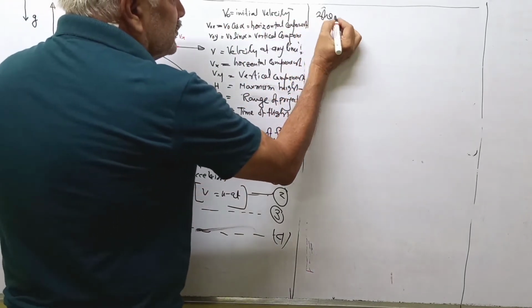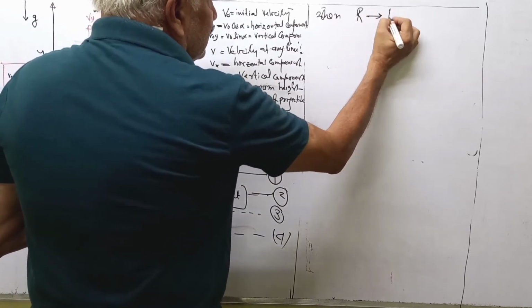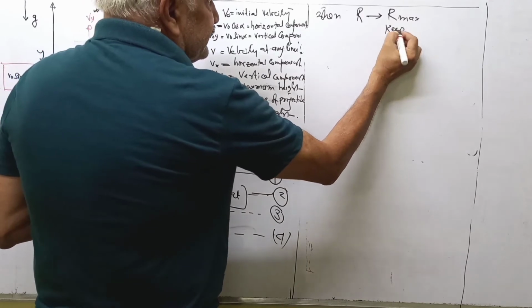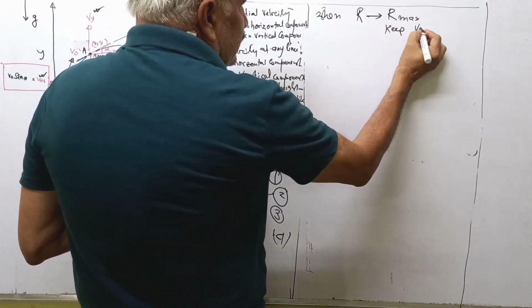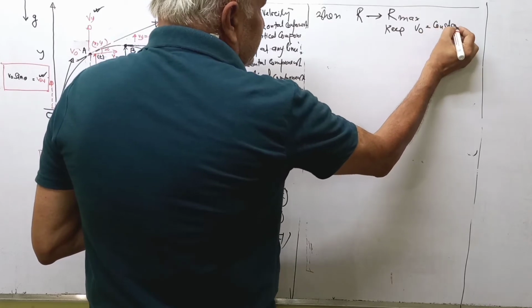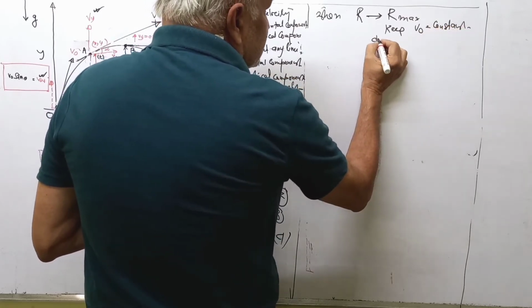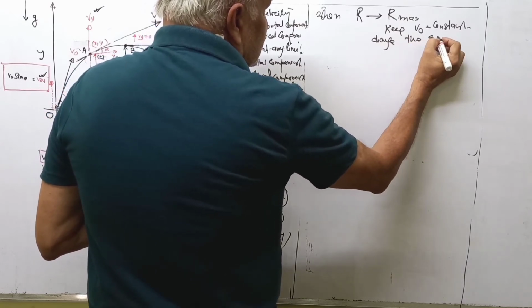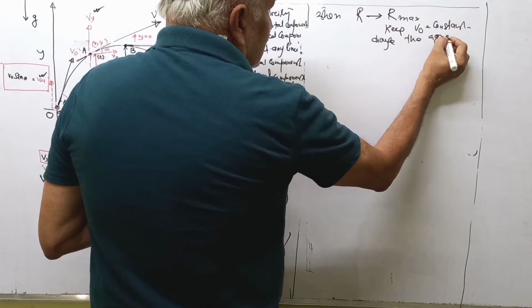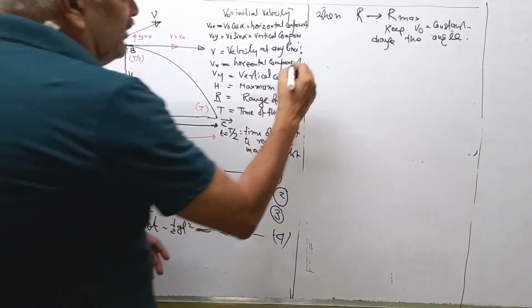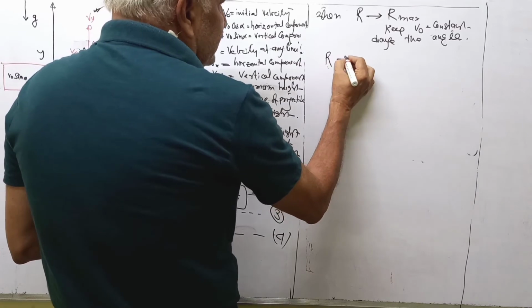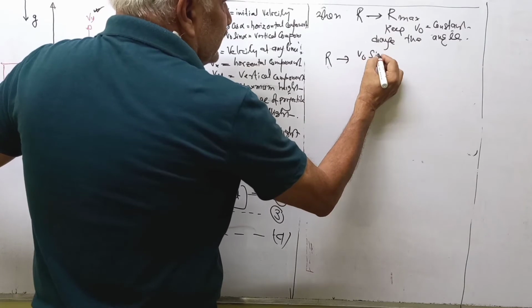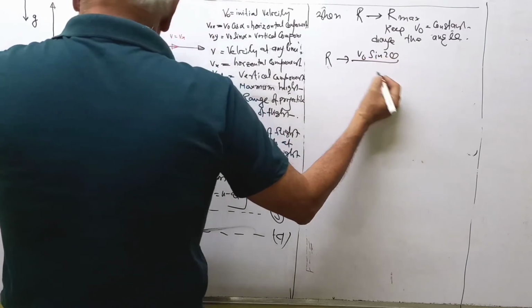When r will be r max, keeping v0 constant and changing the angle, we write r equal to v0 square sin twice theta by g.